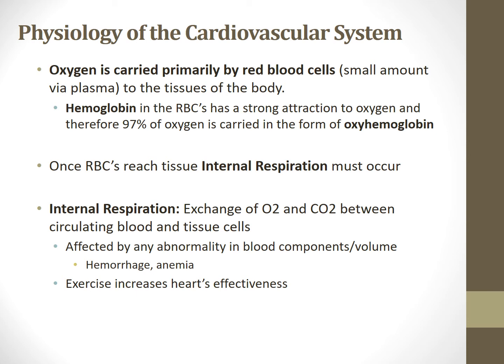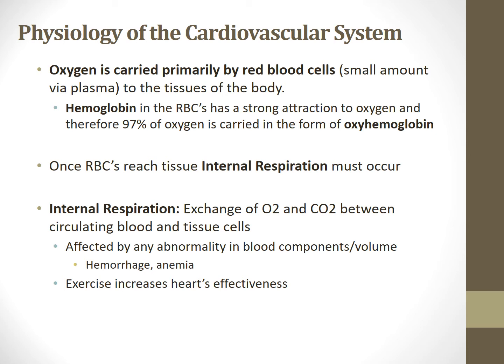So based on this physiology of the cardiovascular system and how our oxygen is carried in our hemoglobin, our oxygenation can be affected by any abnormality in blood components. So if you have a patient that's having a hemorrhage or they have anemia, you're probably going to see that have an impact on their oxygenation.